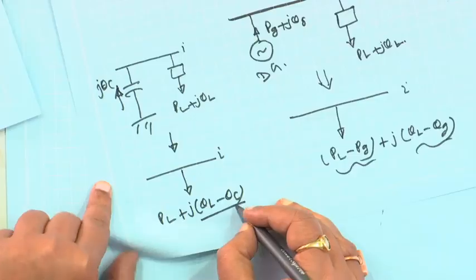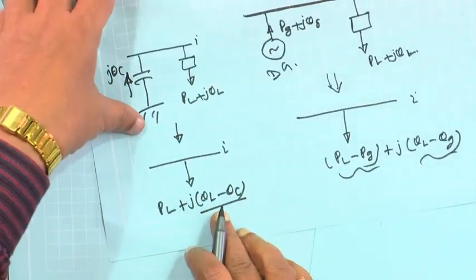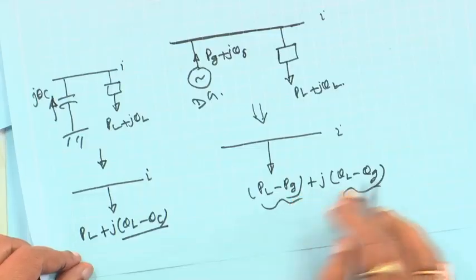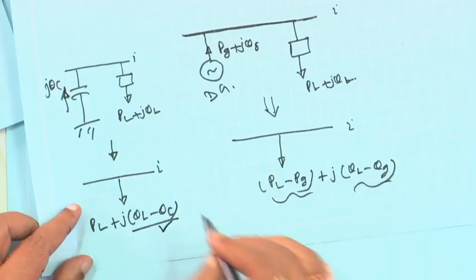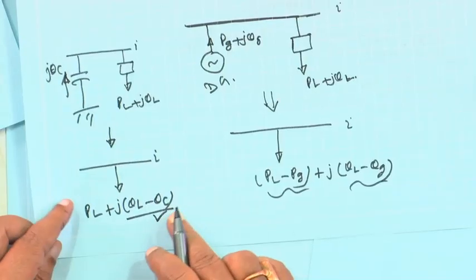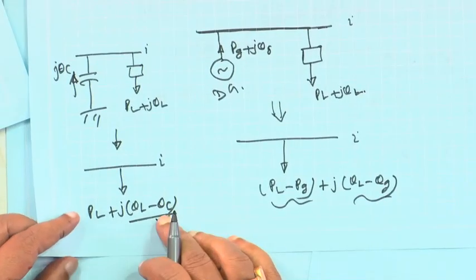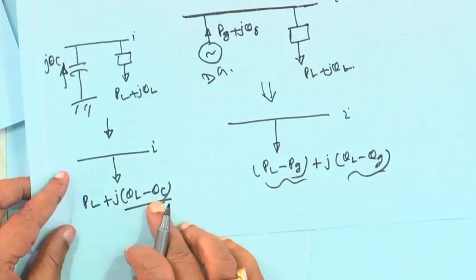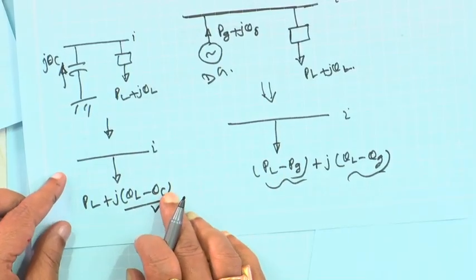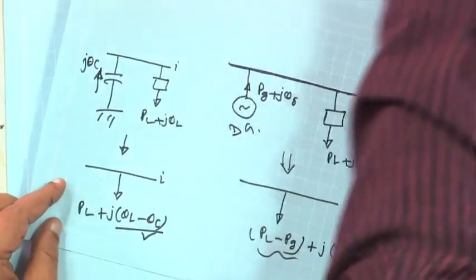That means reactive power gets reduced but PL remains the same. In the expression, if PG is 0 and QG is replaced by QC, you get this. If you consider a DG the concept is like this, if it is a capacitor it is like this. That is why, before going to the application of capacitors, I told you this concept.